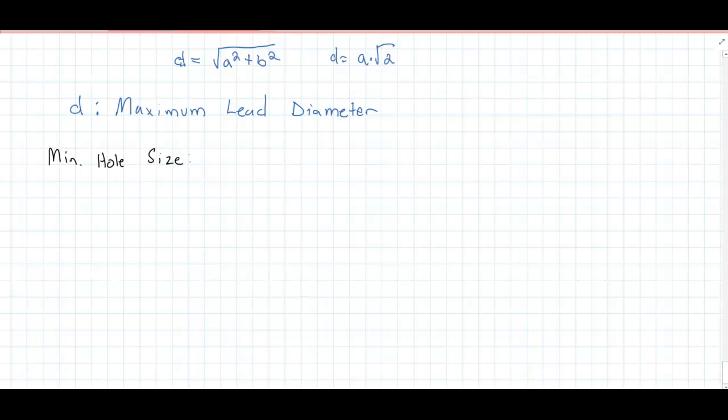It depends on what level we're doing. There's a level A hole size, for which the formula is simply my maximum lead diameter, D, plus 0.25 millimeters.